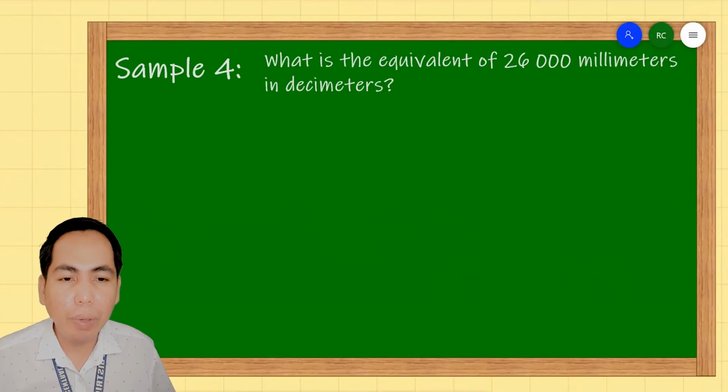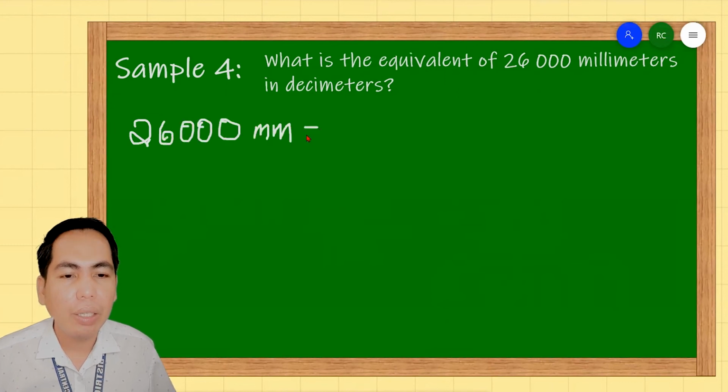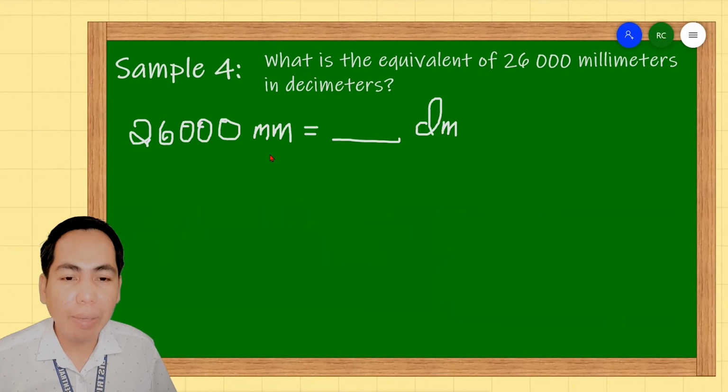Sample number 4, we have here, what is the equivalent of 26,000 millimeters in decimeters? For our sample number 4, we are going to convert this 26,000 millimeters into decimeters. First, we are going to convert these millimeters into centimeters.